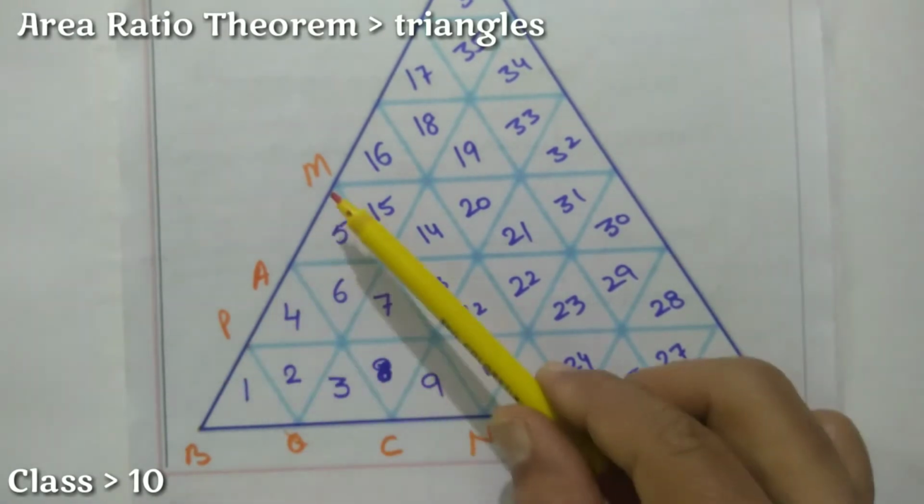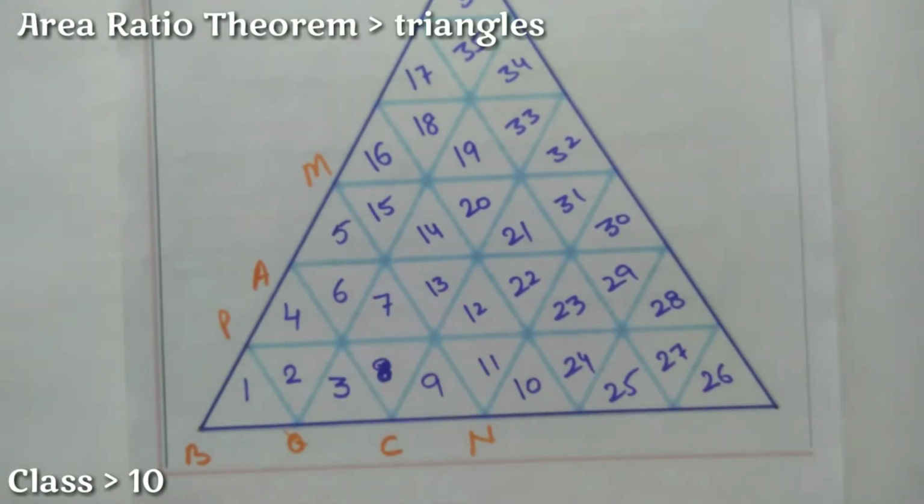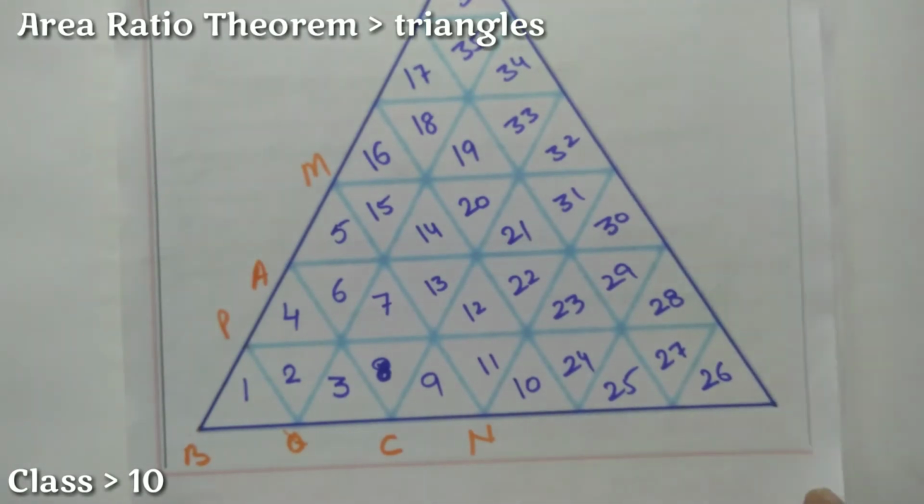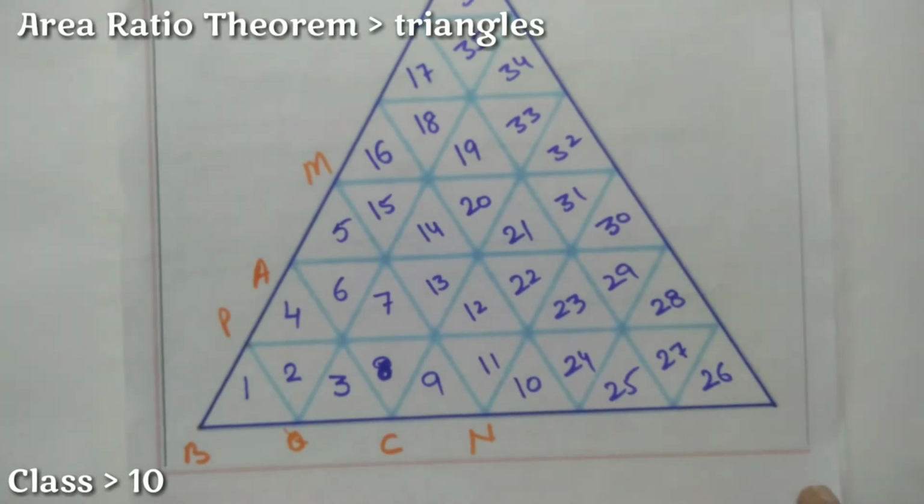So the area of the bigger triangle MBN is 9 unit square, and that of the smaller is 1 unit square. If I take the ratio, I will get 9:1. And I observe that in all these cases, if I take two similar triangles, the ratio of their areas is equal to the ratio of the squares of their corresponding sides.